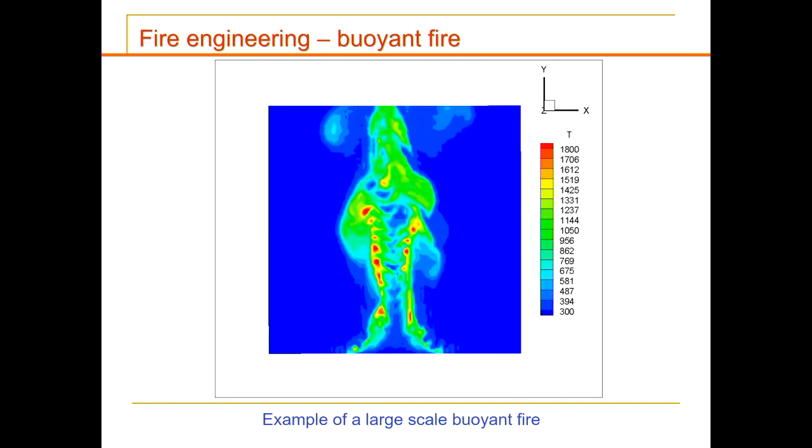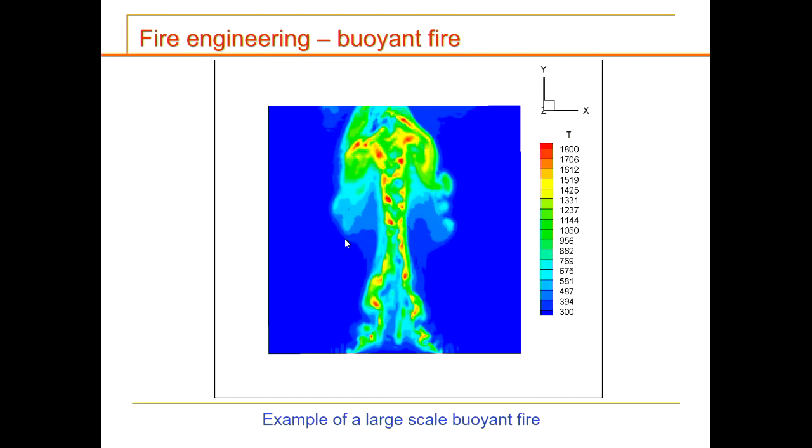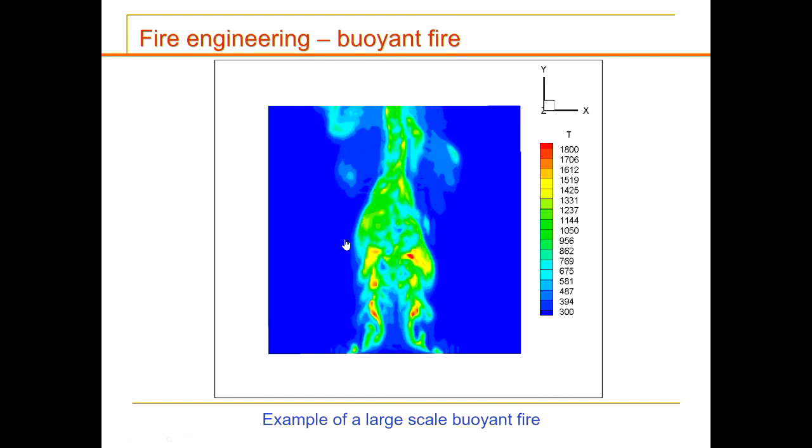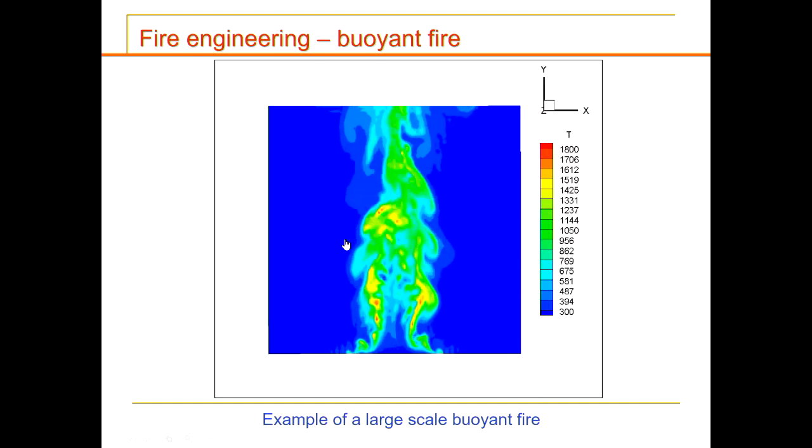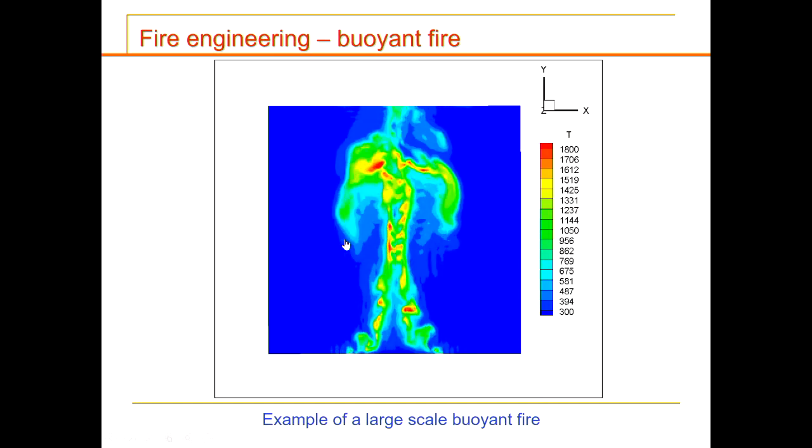So basically what we have done is that we have tried to develop an in-house code to look at the bowen fire. This is one example that I want to show to you. This is a 1 meter squared fire of roughly 1 megawatt or so. What we're trying to look at is the puffing effect.